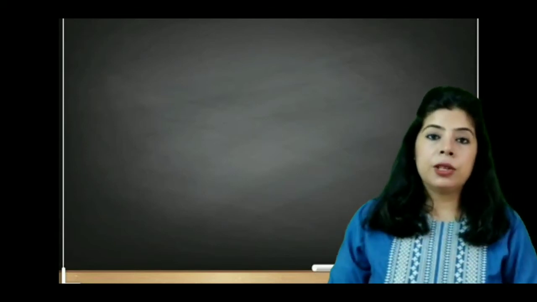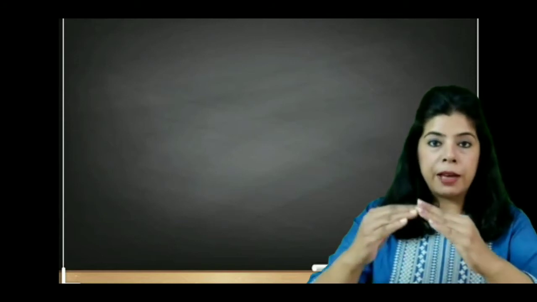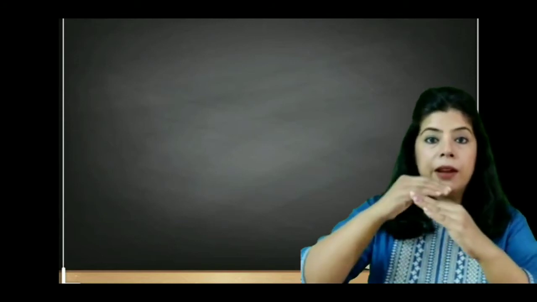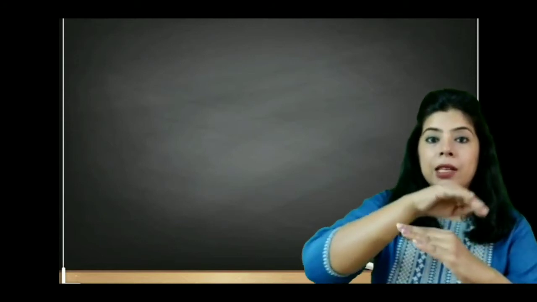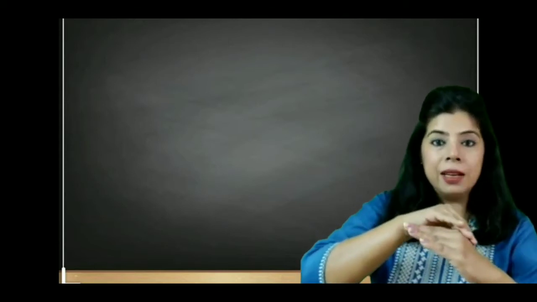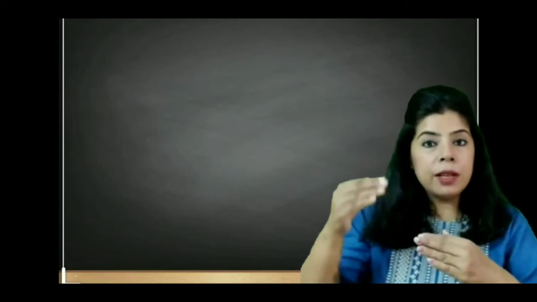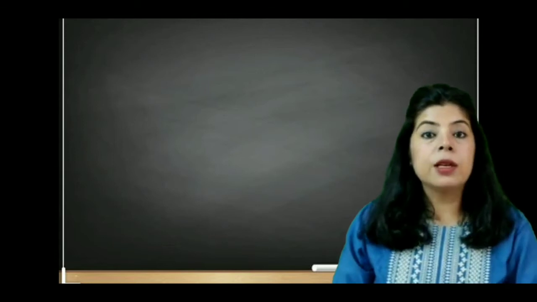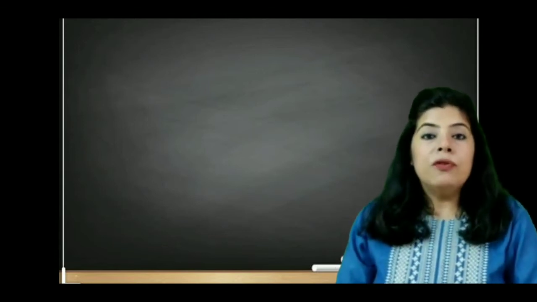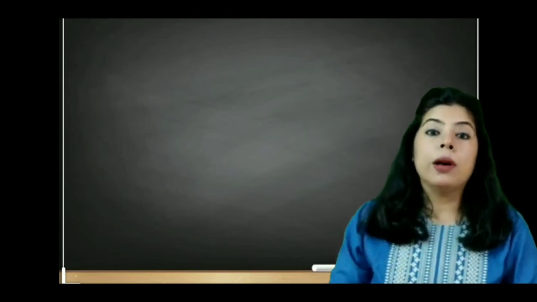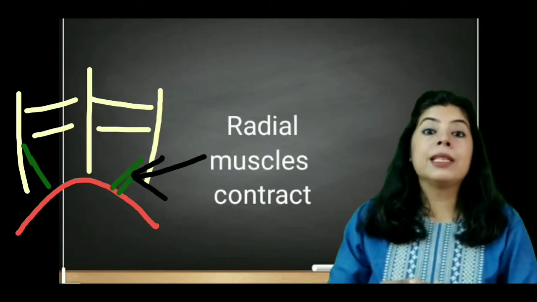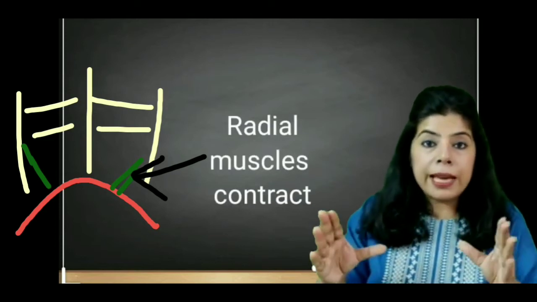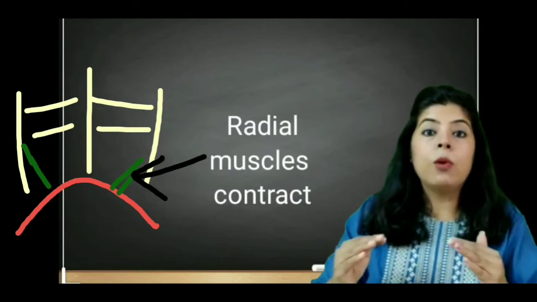In the normal condition, the diaphragm is dome shaped. The diaphragm is in this position. And we saw the diaphragm is connected to the ribs through the radial muscles, and between the ribs there are the external intercostal muscles. So when the radial muscles contract, meaning when they expand, then what happens?